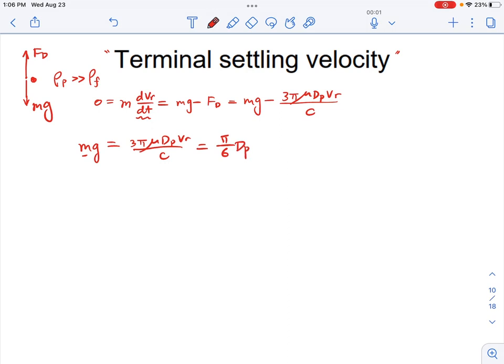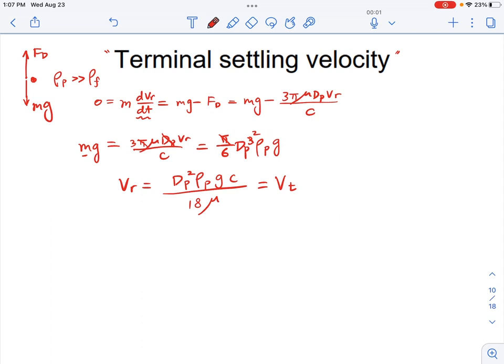You have pi over 6 dp to the power of 3 rho p, and then g. So you can move the terms around: vr equals dp to the power 2 rho p g C divided by 18 mu. We call this the terminal velocity of a particle due to gravitational settling.